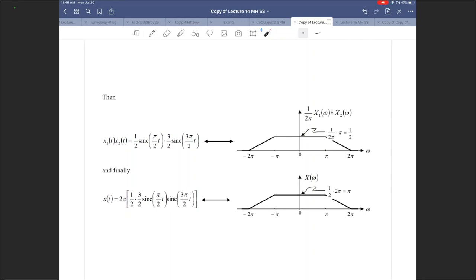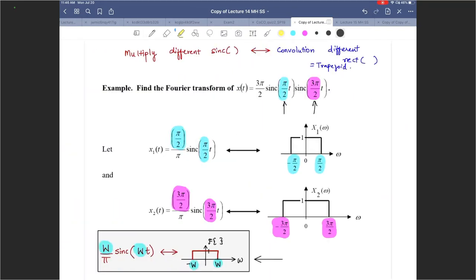But when you are multiplying in the time domain, in the frequency domain you are doing a 1 over 2 pi and then convolution. When you do a convolution in the frequency domain, you can start off with the lower limit of that convolution. It will be the sum of the lower limits of the signals being convolved.